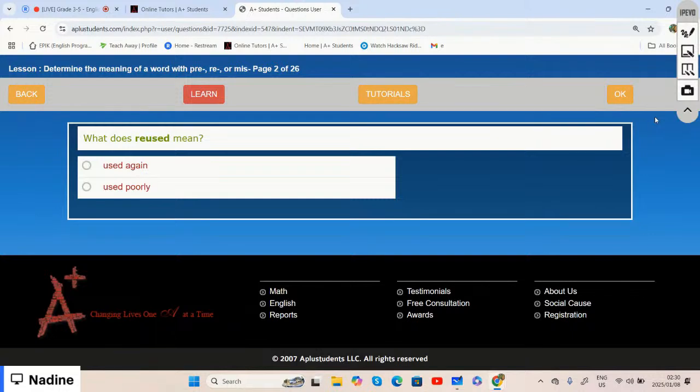Re means again. So now we say, what does reuse mean? Is it option one, used again, or option two, used poorly?